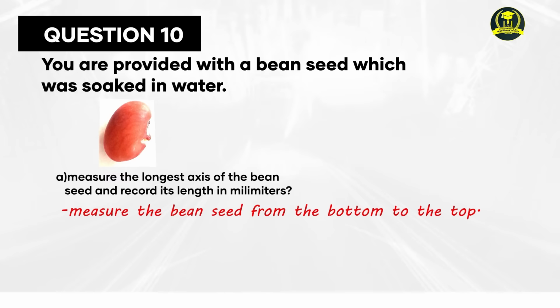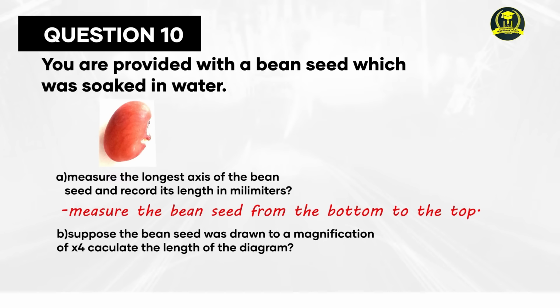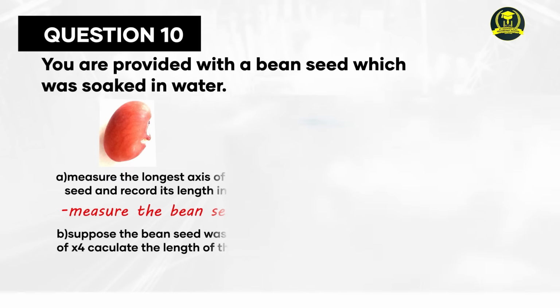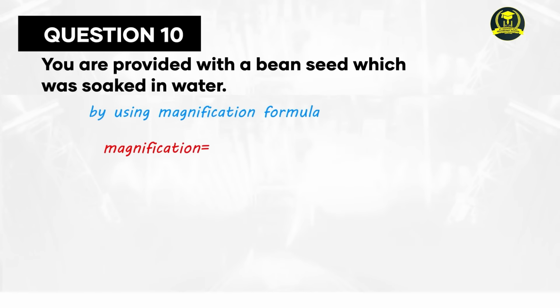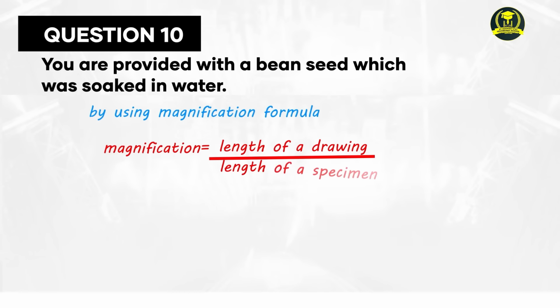Question B. Suppose the bean seed was drawn to magnification of 4. Calculate the length of the diagram. By using the magnification formula, magnification is equal to length of the drawing divided by length of the specimen.